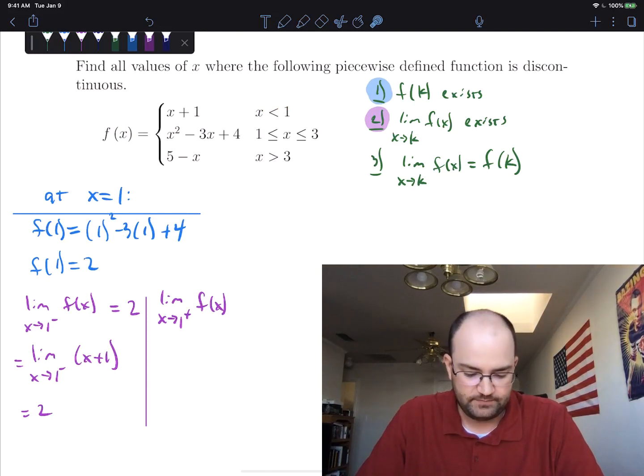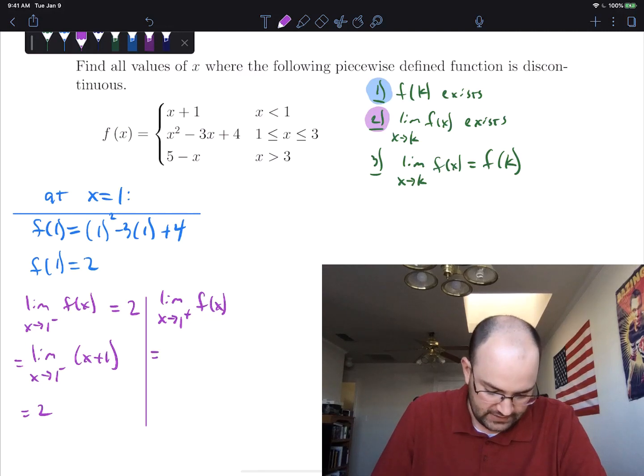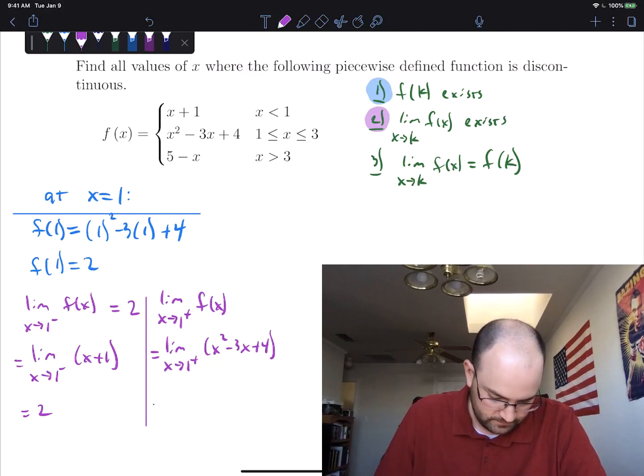Well, no, it's not. Is 1 less than or equal to 1.1? Yes, it is, and that would work. So we would actually use this in place of f of x there. So this would be the same thing as the limit as x approaches 1 from the right of x squared minus 3x plus 4.